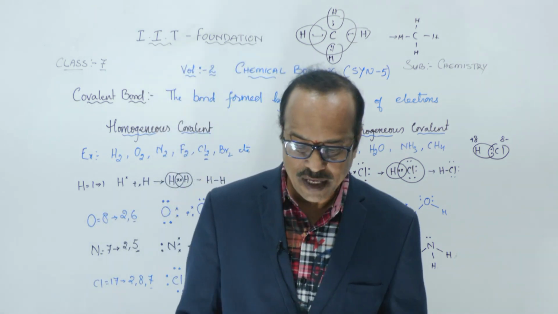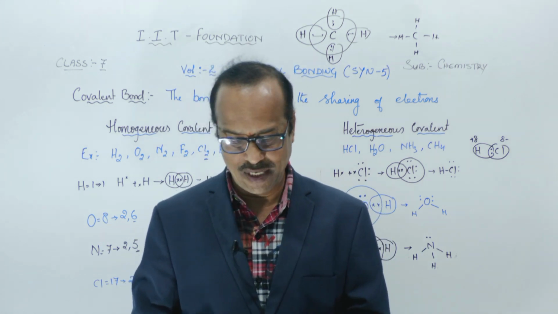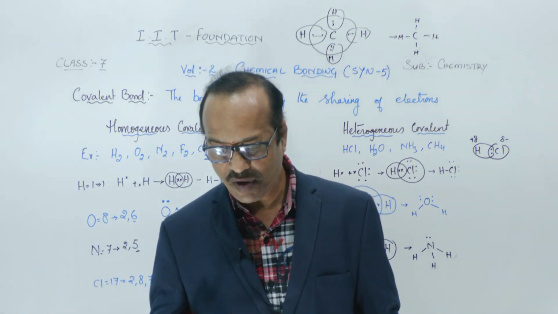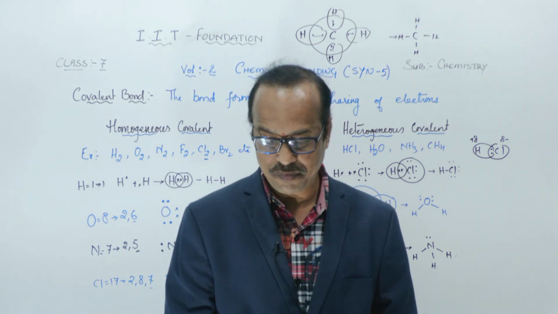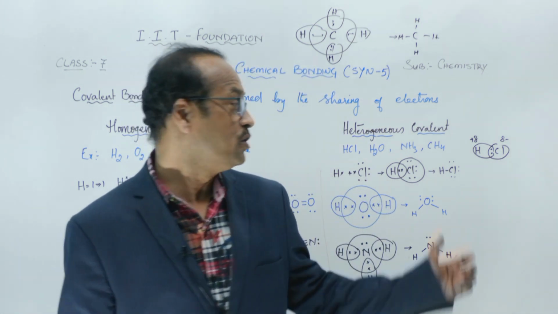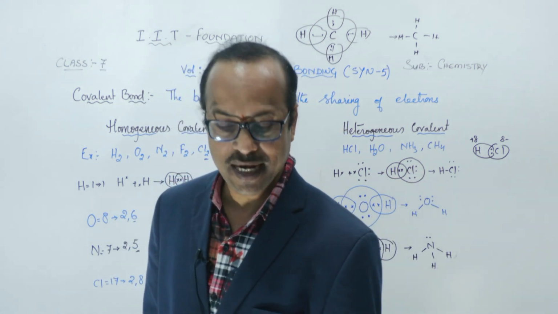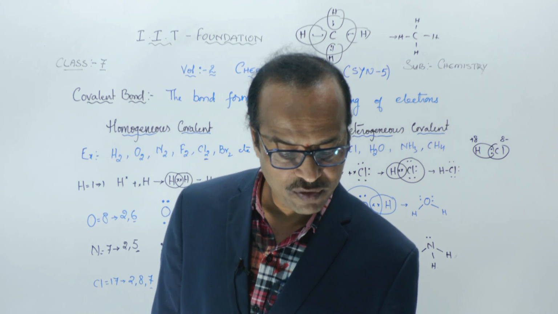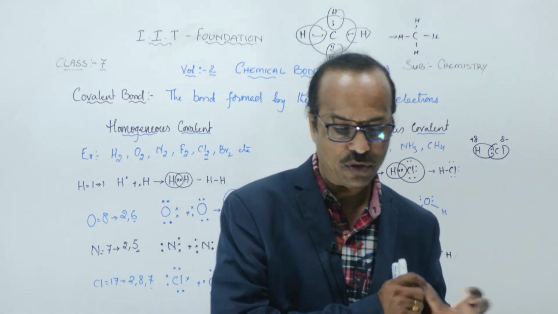So that means the shared electron is not equally attracted by both nuclei. The atom which has a higher value of electronegativity attracts the shared pair much more strongly than the other atom. So in these two, chlorine is more electronegative, so it attracts the pair of electrons more. So the shared pair of electrons is nearer to the more electronegative atom.